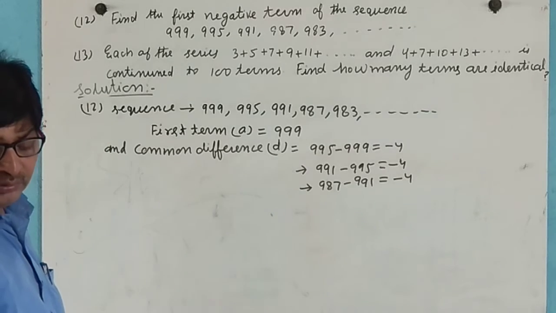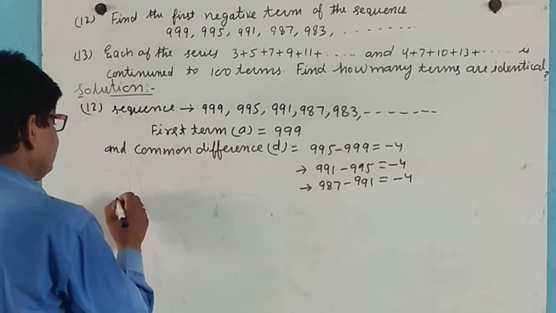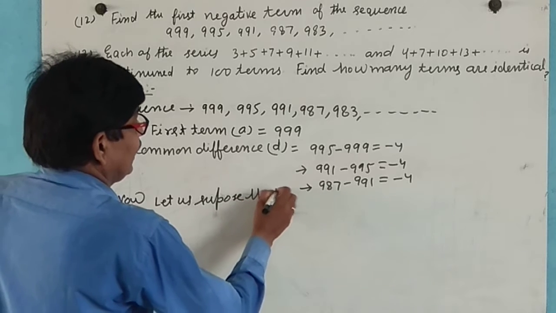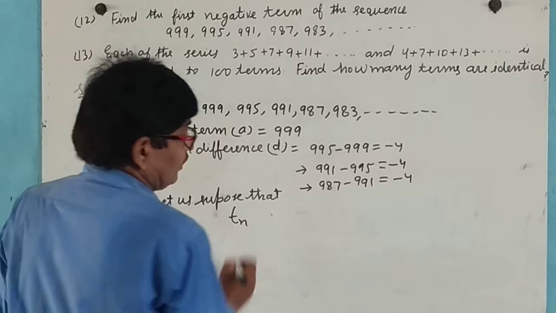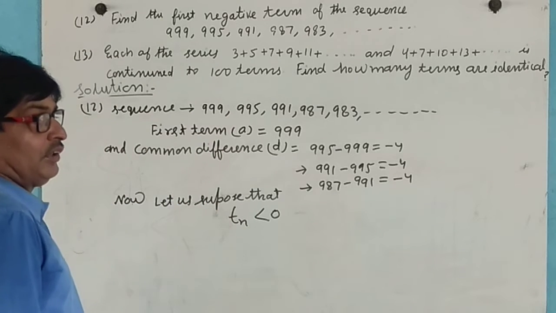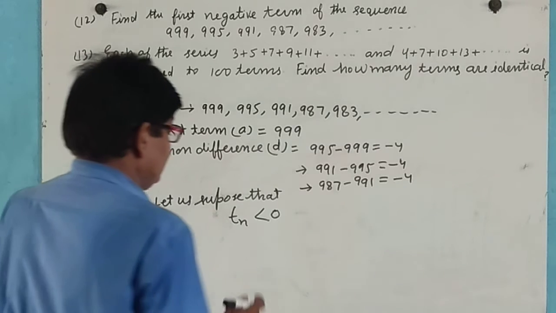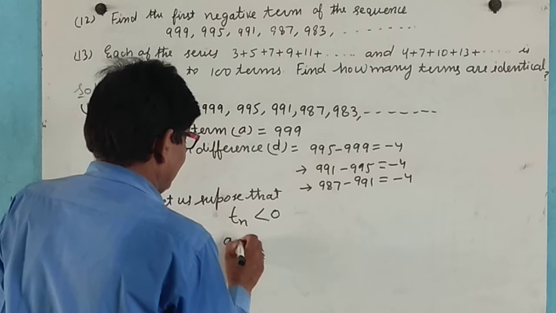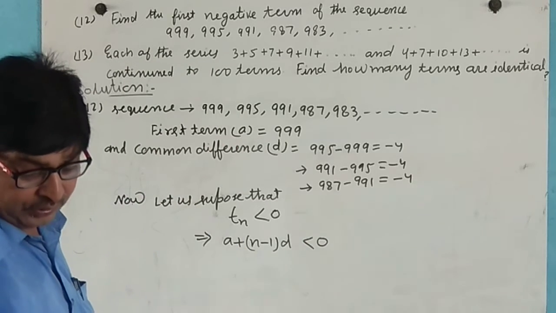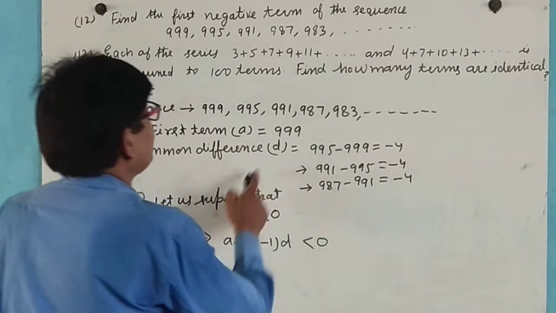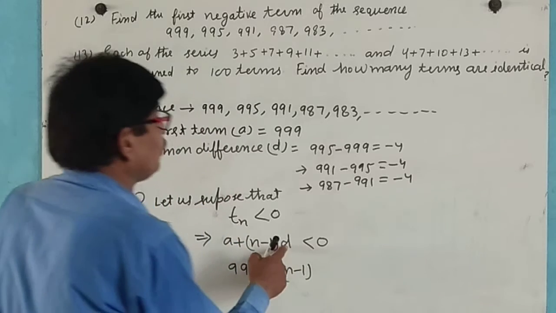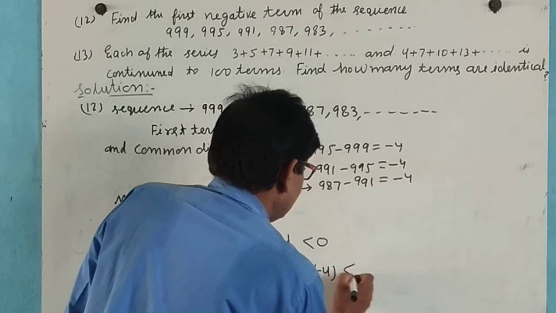Now let us suppose that Tn less than 0, that is, the nth term is less than 0, meaning negative. In this case, nth term A plus n minus 1 into D less than 0, and here A equal to 999 plus n minus 1 into D equal to -4 less than 0.